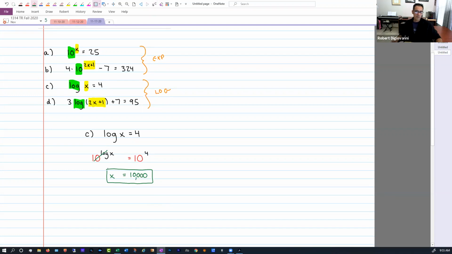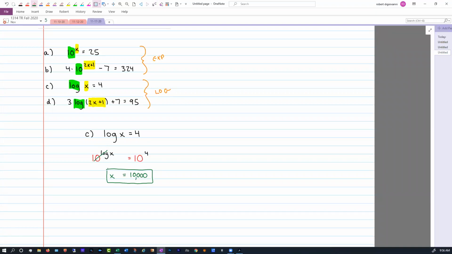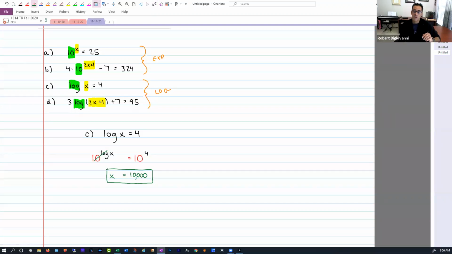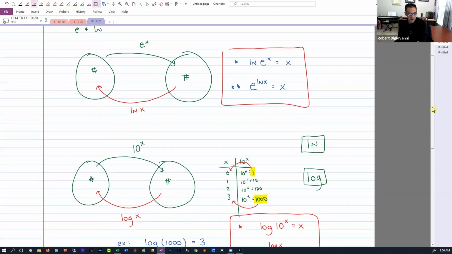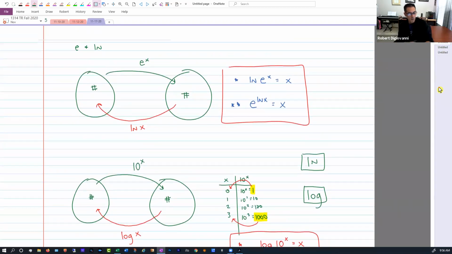Any questions? Why did I use the 10? Because when I started this out, I said when we talk about the exponential function, the function that undoes it is the natural log function.